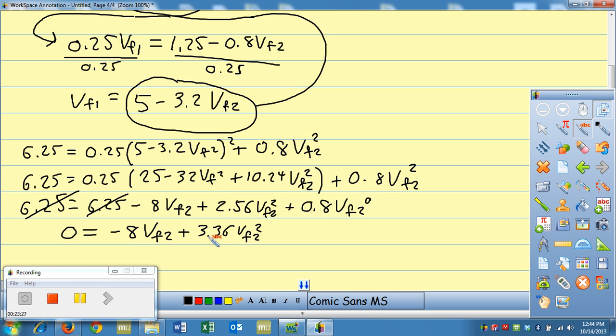VF2 squared. All right, so if we factor a VF2 out of both sides of the equation, we end up with 0 equals VF2 times negative 8 plus 3.36 VF2.